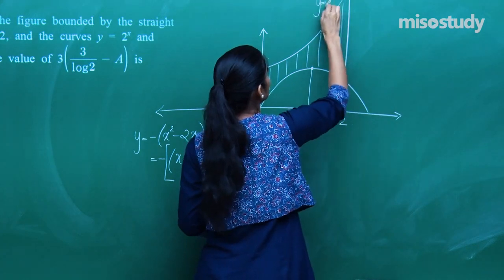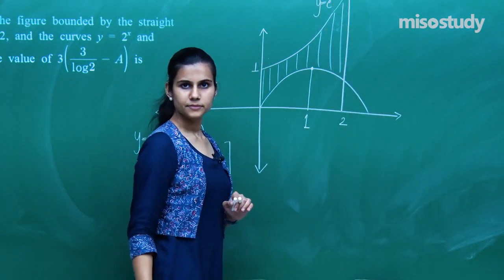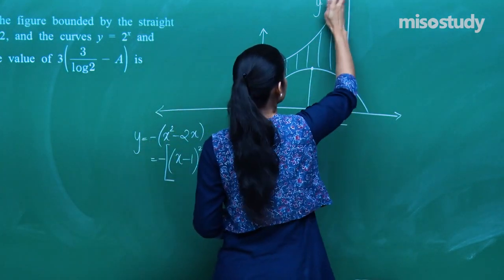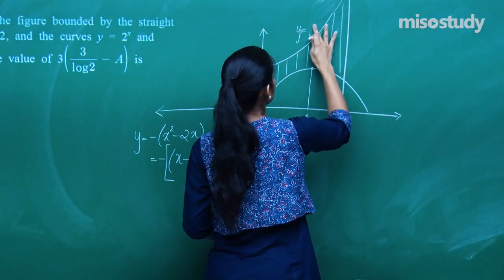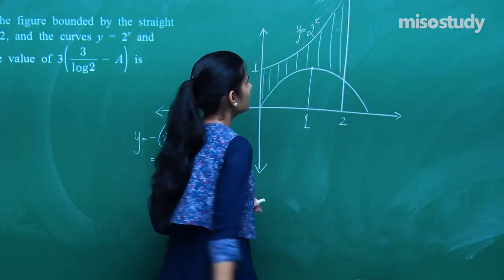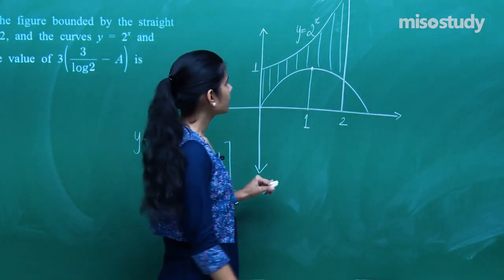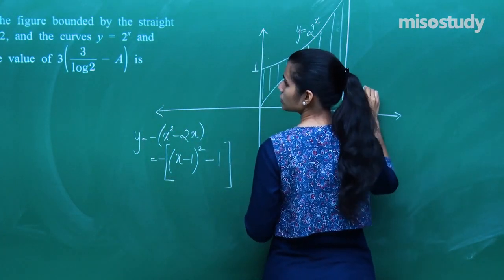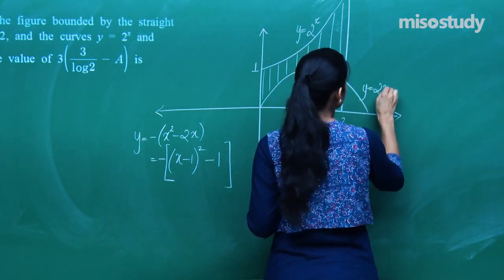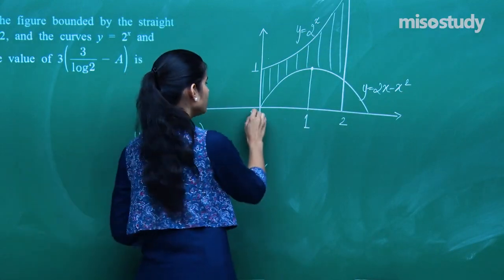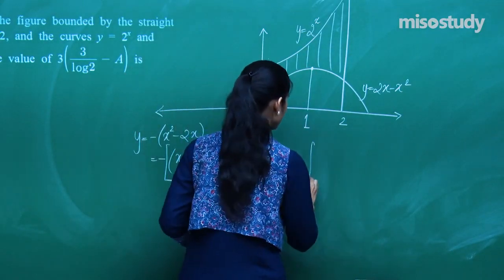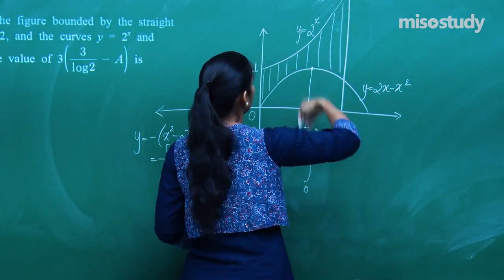This is y equals 2 to the power x. The moment you get this and you have figured out what area you need to find, once you know that this is also the parabola, y equals 2x minus x square, the situation becomes very, very simple, because directly you have to integrate from 0 to 2, upper minus lower.